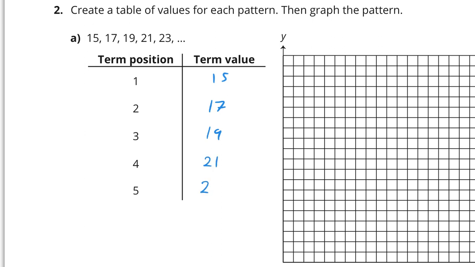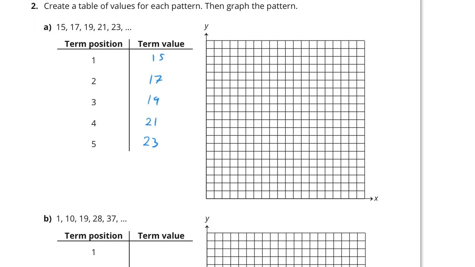Next we've got to decide on a scale for the x-axis and a scale for the y-axis. We should probably space them apart. We don't want to go 1, 2, 3, 4, 5, because then we're not using up all of this space. We have a whole bunch.